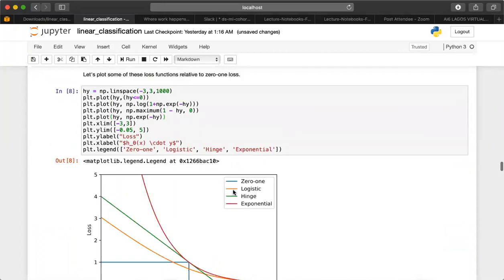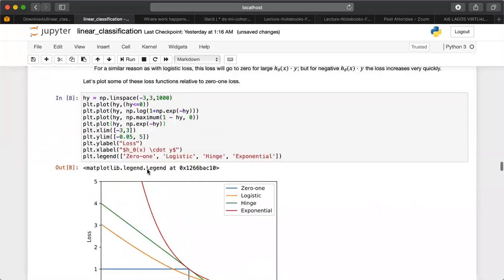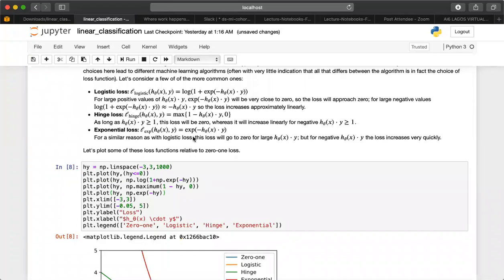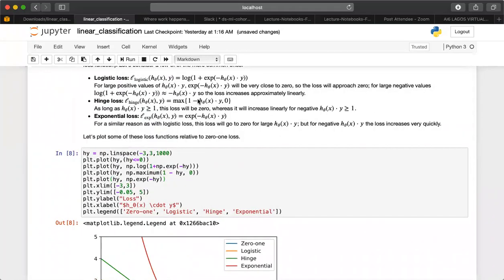If you check the plots, the logistic loss, the orange one, is high toward the left where values are negative, and as it comes down the values tend towards 0, meaning you have high positive values of h times y. Does it make sense?